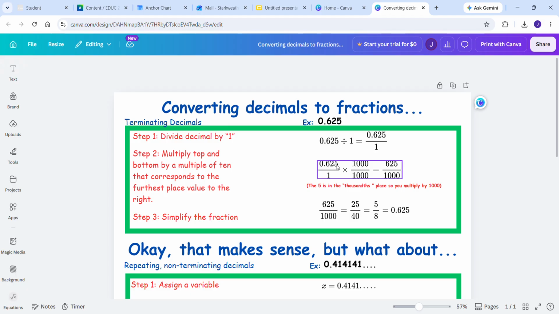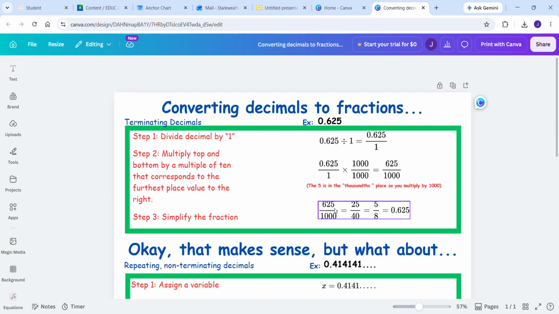So you would multiply both top and bottom by 1,000. We know that we're not changing the number because 1,000 divided by 1,000 is 1. So you end up with 625 over 1,000, which is also 625 thousandths.